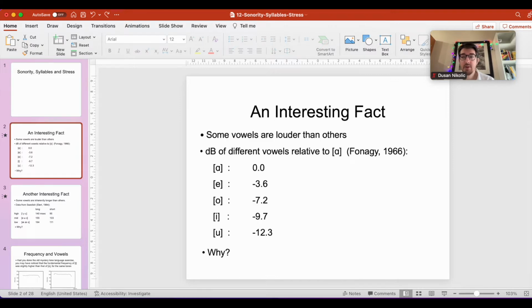We ended our last lesson with an interesting fact about vowels, right? Some vowels are louder than others in terms of their decibels.